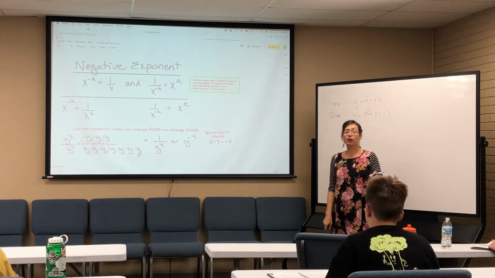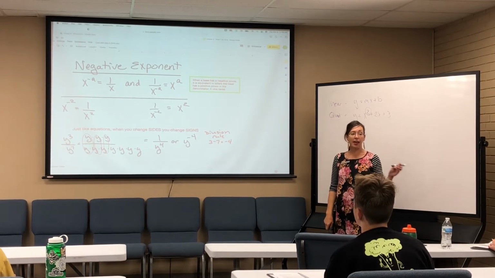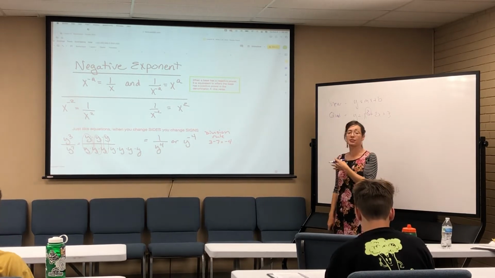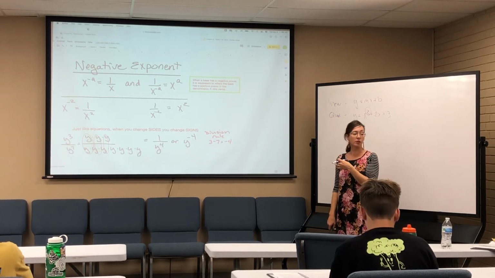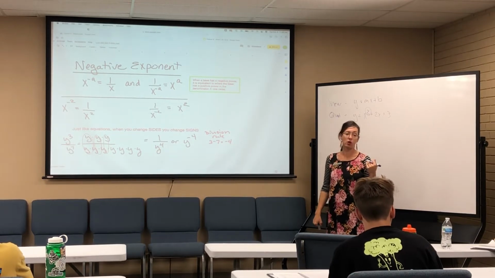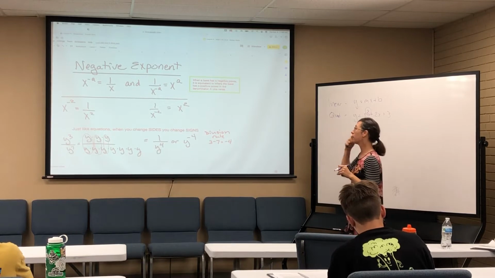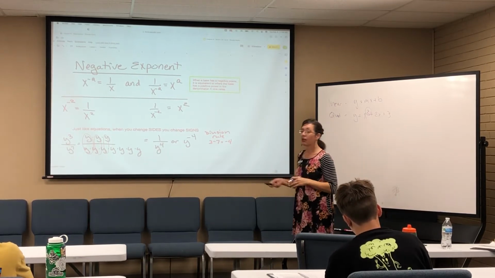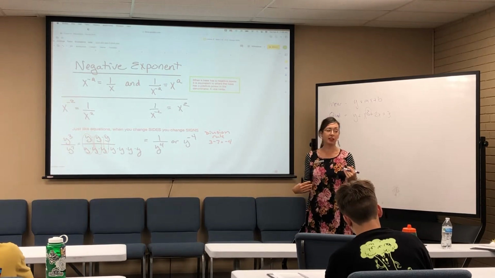You will never ever leave a negative exponent in a solution. It must always be rationalized out to a positive number, okay? So just know negative exponents are a no-no. We don't ever leave them. So for this first example, I've got x to the negative 2. I can't leave it as x to the negative 2.